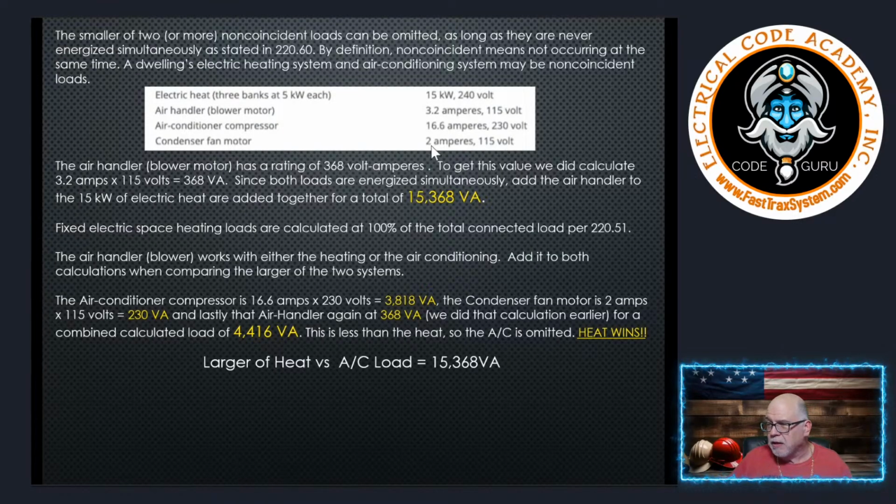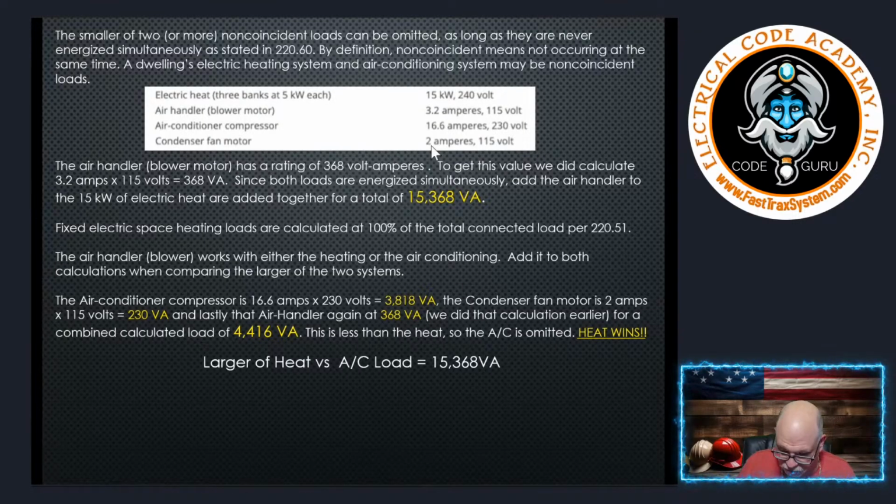Now, for me, immediately, since I know that it wasn't larger than the heat, I would have immediately done the air conditioning compressor and taken that 3,818 at 125% plus the 230 and the 368. I would have just done that immediately, okay? And that is probably the best thing you should do. But in this case, I'm going to do that.